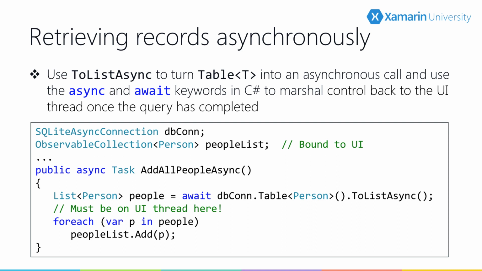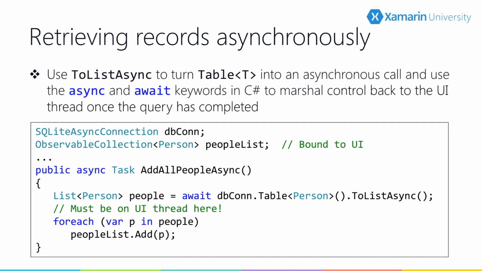We'll be using the ToListAsync extension method to achieve this. And because ToListAsync does not return a result immediately, we have to await this return value. You can see how the await keyword here is used prior to the call to the ToListAsync method. The await keyword waits for the value that is returned here to be available.